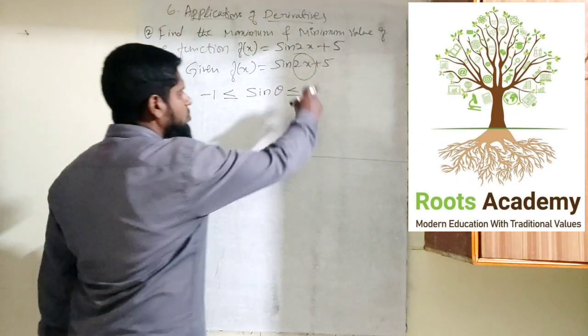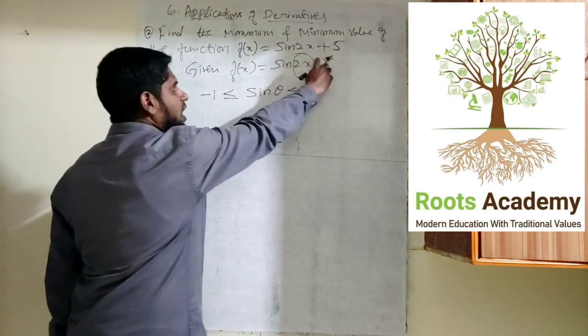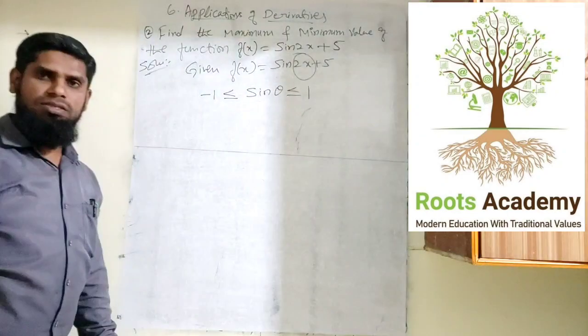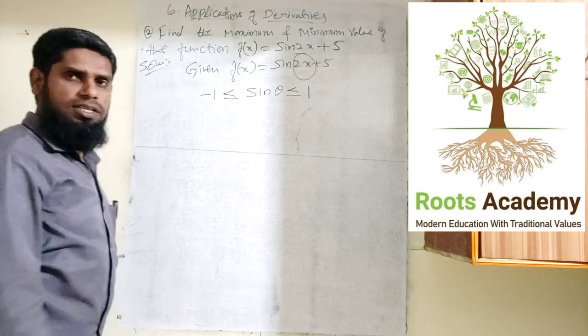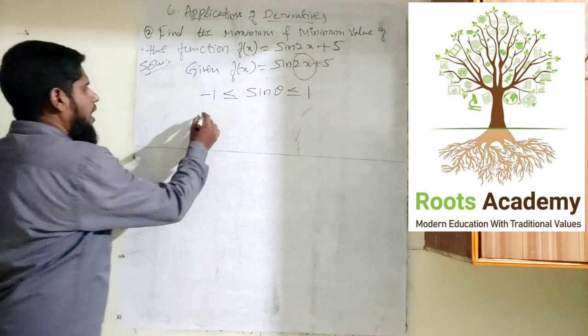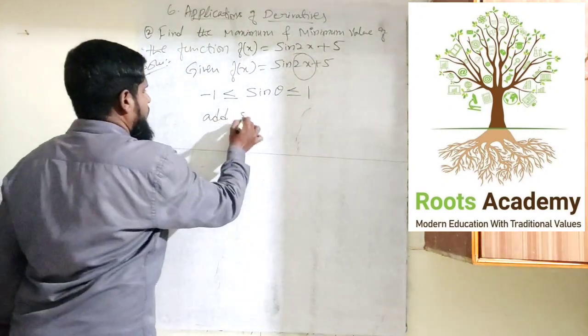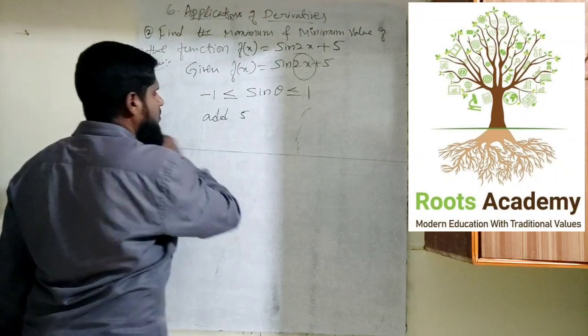But here, student, 5 is added to this function. Let us follow the function directly as it is. Add 5, then what happened?